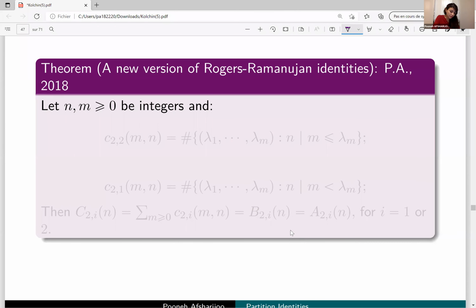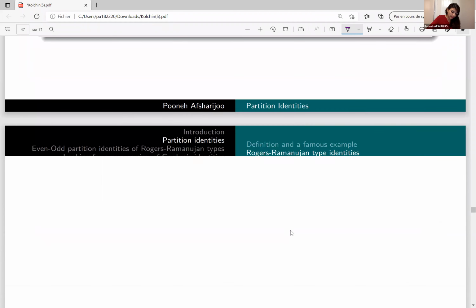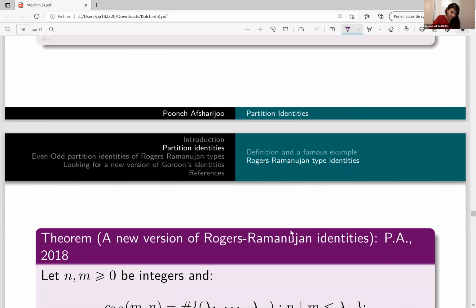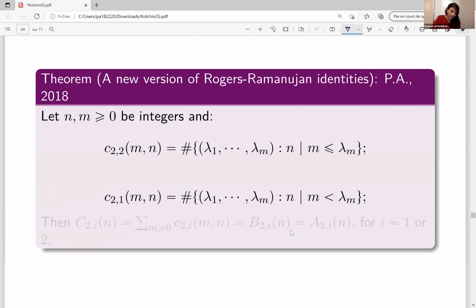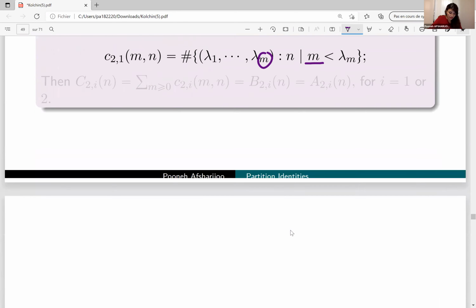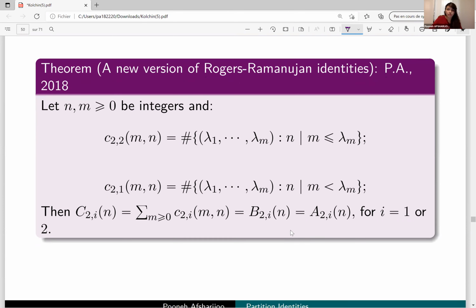So I will denote by C_22(m,n) the number of partitions of n with exactly m parts whose length is at most equal to m, and by C_21(m,n) the number of partitions of n with exactly m parts whose length is strictly less than lambda_m. Then I take the sum over m of C_2i(m,n), and this gives us a new member of both Rogers-Ramanujan identities.